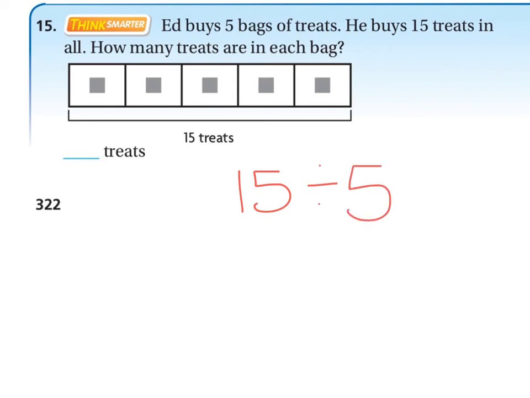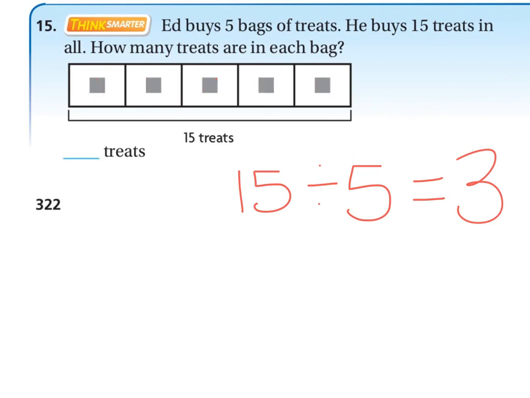If you can't figure that out in your head, you could absolutely partition like this. 1, 2, 3, 4, 5, 6, 7, 8, 9, 10, 11, 12, 13, 14, 15. After you partition, you can see in your equal groups, there are 3 in each group.